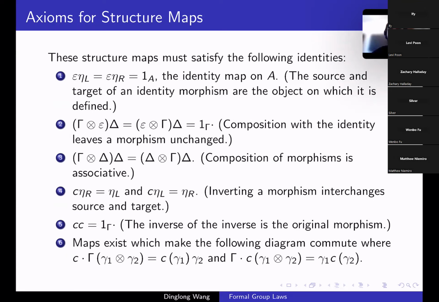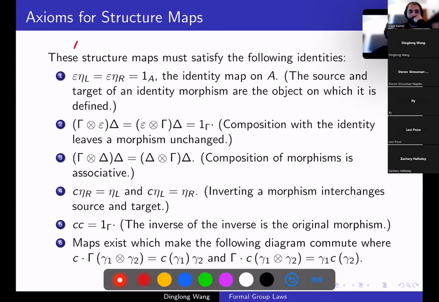When you have an object that is a map from A to B, then composing with the identity map, you will get namely the identity morphism on the object, and then when you compose it with the eta L here or eta R, you will get the source of that identity map, and it should be the same object as the original one.